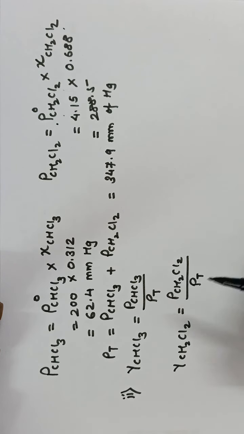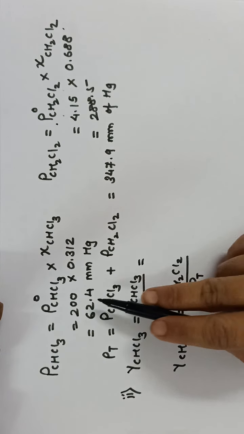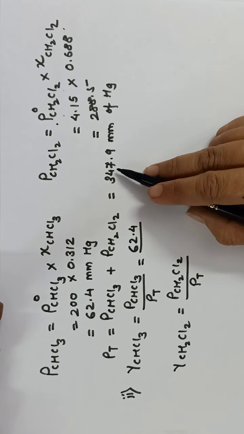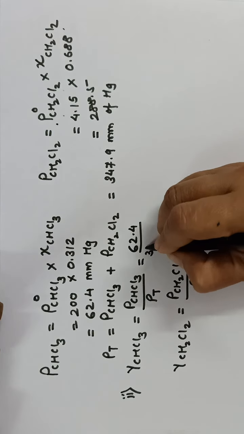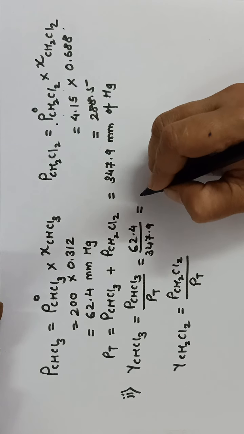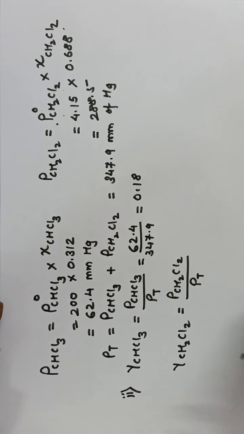Let us substitute the values. Pressure of CHCl3 we have already calculated, 62.4 upon total 347.9, and thus we get 0.18. This will be the answer for chloroform.